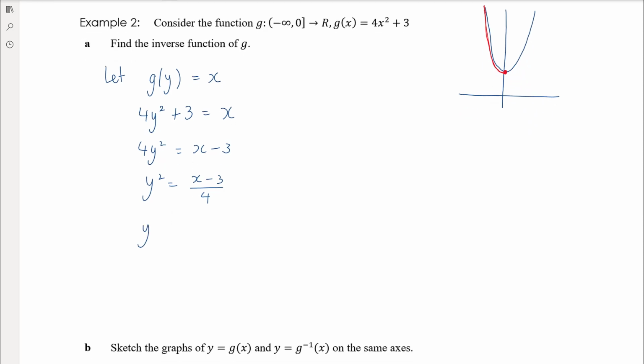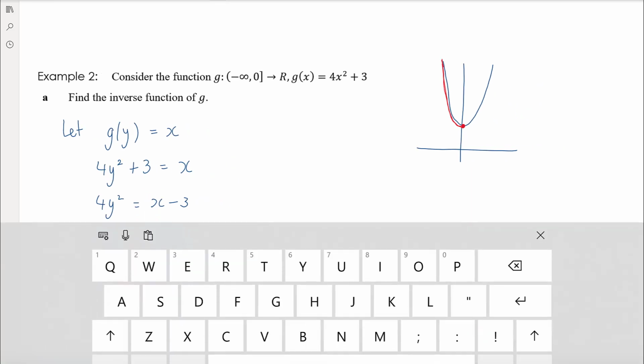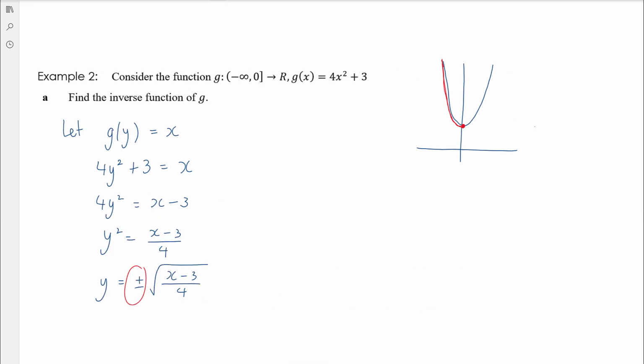And when we take a square root, we get positive and negative square root of (x minus 3) on 4. This is where we get to that point where we must answer the question. You should not be ignoring the plus minus square root in the algebraic rearrangement. The inverse without any restriction would be this sideways parabola out here.